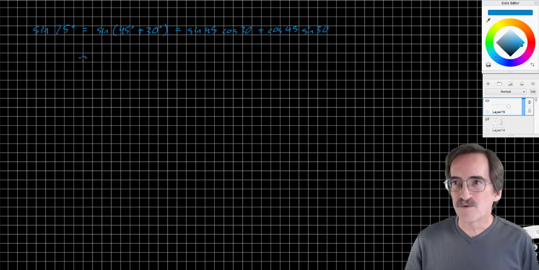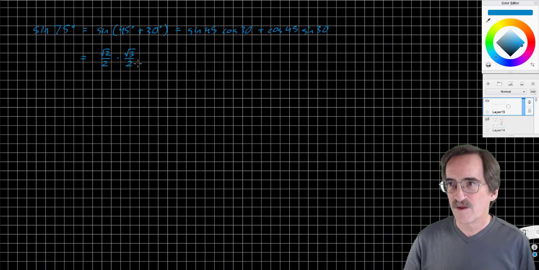Using the unit circle, I'm not going to go into incredible detail demonstrating it. That's for another lesson. Sine 45 is root 2 over 2. Cosine 30 is root 3 over 2, sorry. Plus cosine 45, that's root 2 over 2, times sine of 30, that's 1/2.